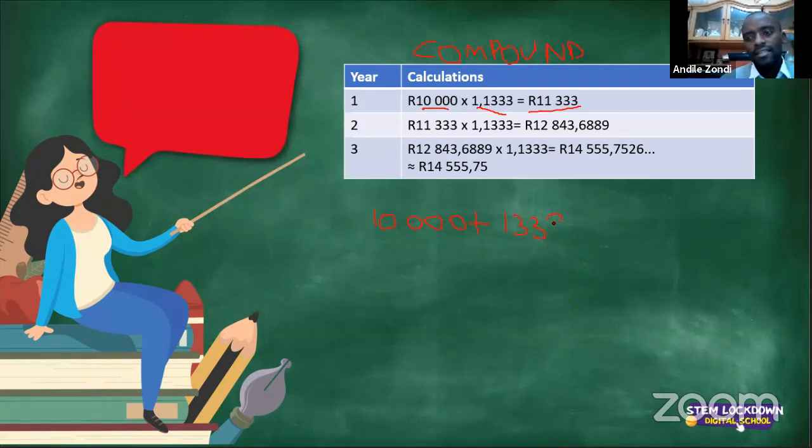This is 13.33%. Will give you this figure here. But I've simplified my life and I've just multiplied by 1.1333, which is 100 plus 13.33% written in decimal form.